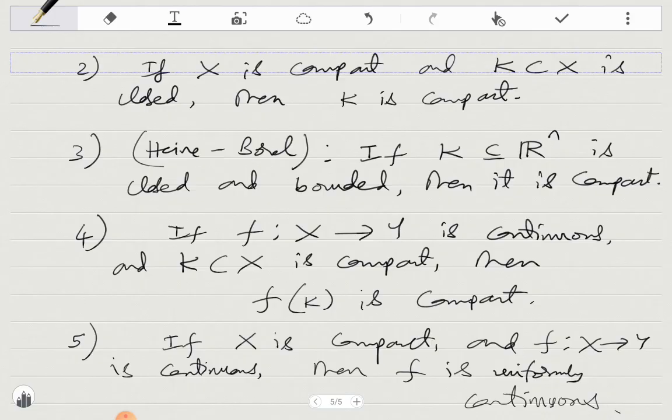finite closed intervals in R are compact. And this fifth statement here will immediately tell us that if you have a continuous function whose domain is a finite closed interval, then it's uniformly continuous.